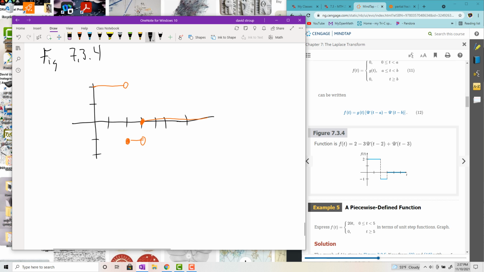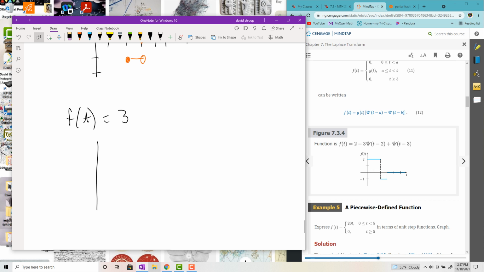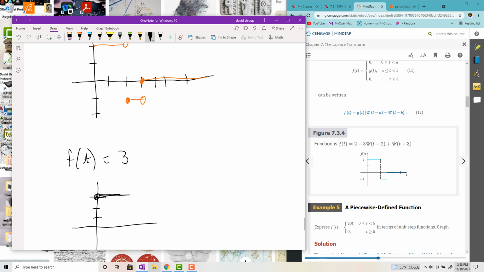Well, you could start by just having the function 3, with no cause for anything weird. So f of t would be 3, and what you would get is just a horizontal line at 3. But then once you get to 2, you want it to jump to negative 1, right?